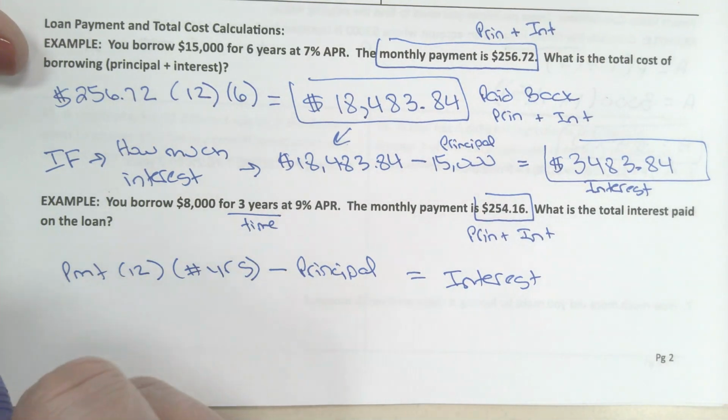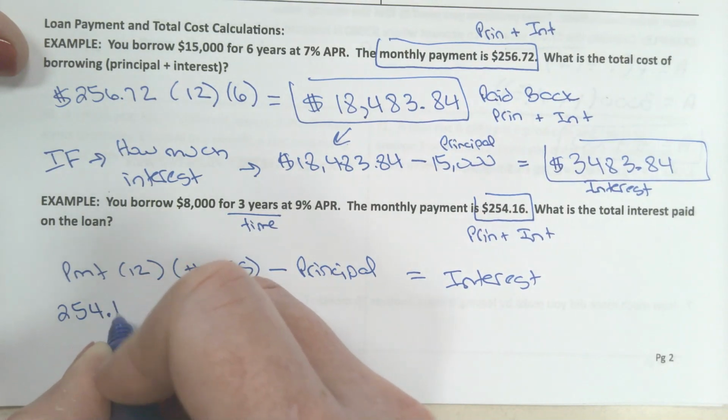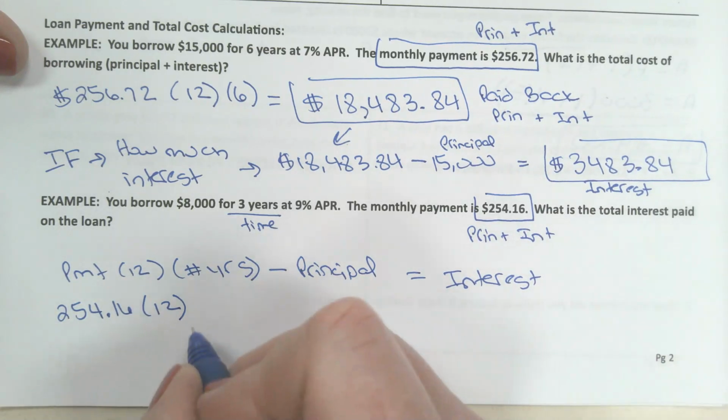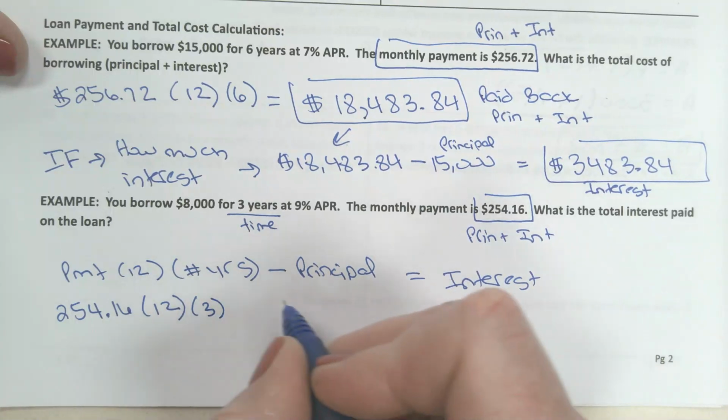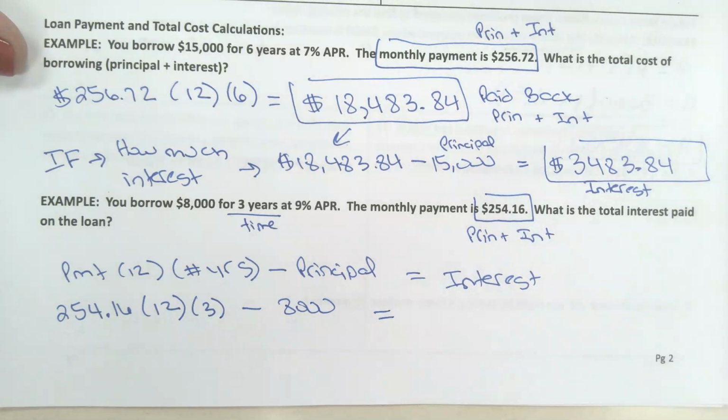So my payment is $254.16 times 12 times 3 minus $8,000.